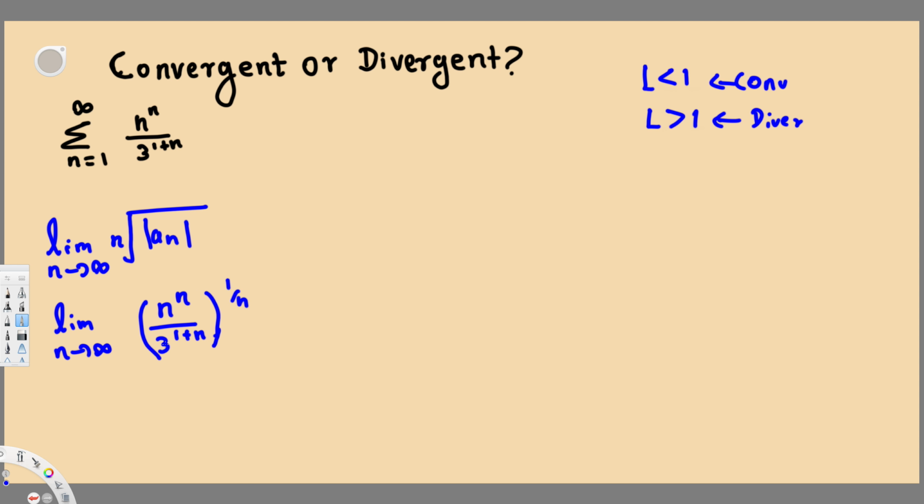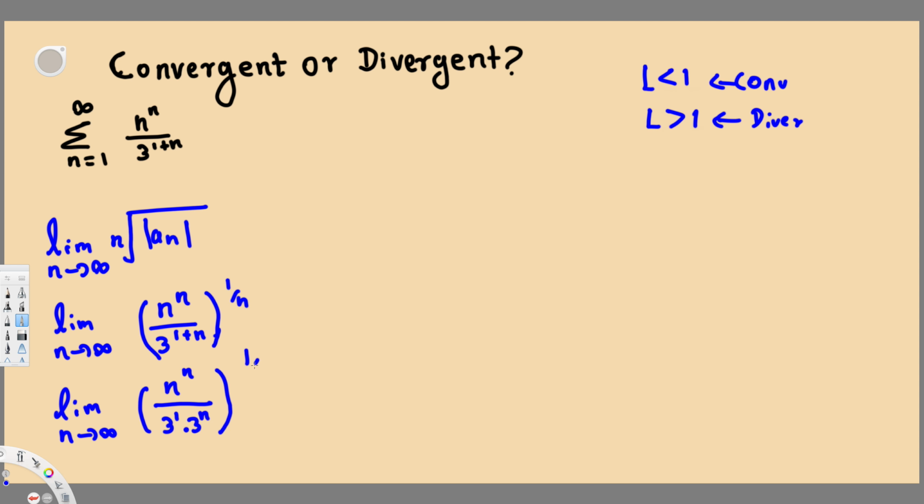And let's write this one in a different way. The limit as n approaches infinity of n power n, and 3 power 1 plus n is the same as 3 power 1 times 3 power n, right? When we multiply, the exponents add. So this is the same as that, and let's solve and see what we get.